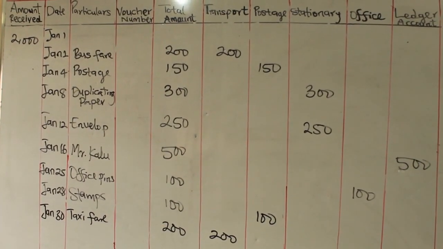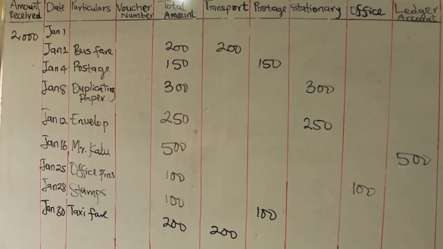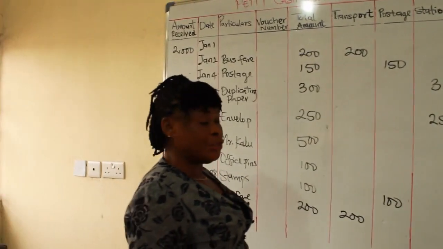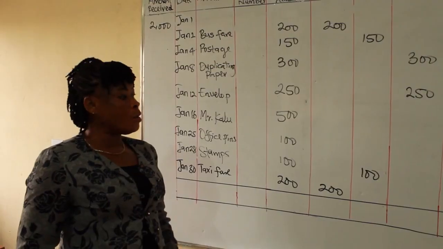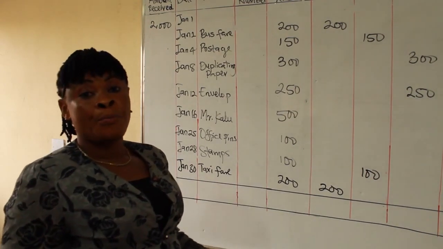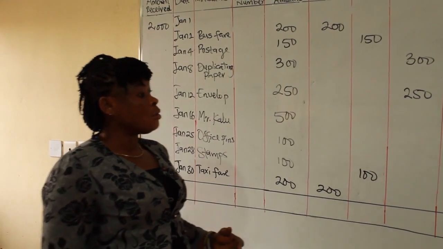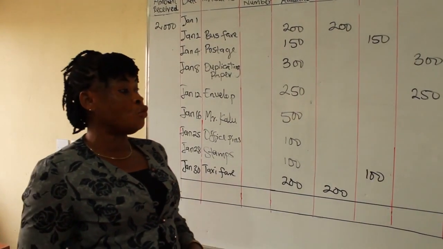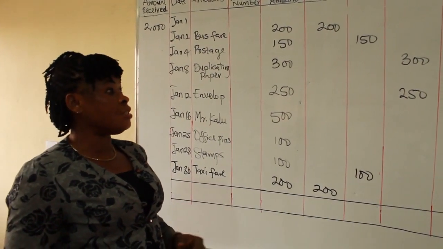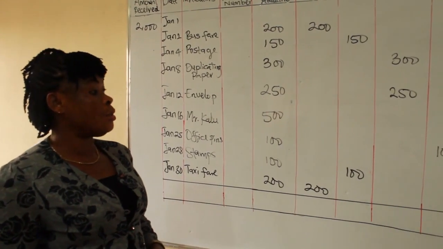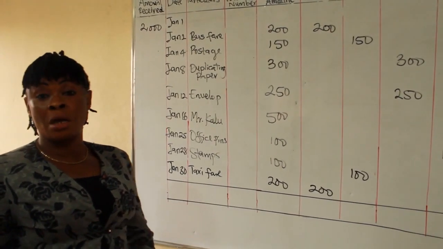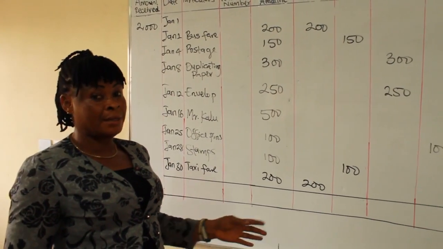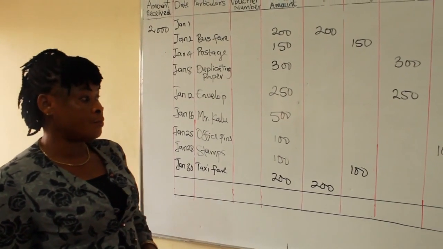The next thing is to total the petty cash book and balance it for the next month. Alright, now that we are done with the posting of the transactions that took place in this petty cash book, the next thing we are to do now is to balance the petty cash book by adding up the figures.